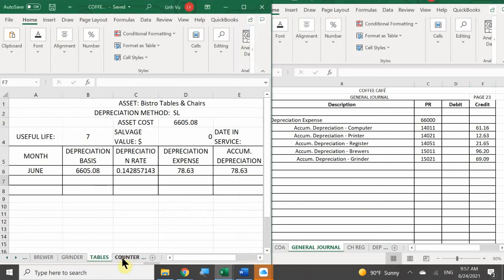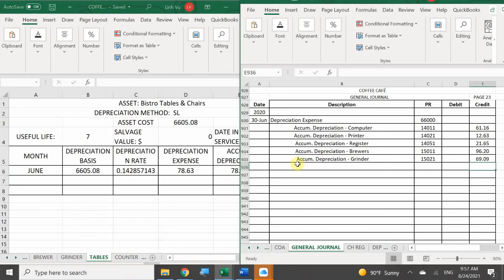See what's next on our list. We got the tables. Accumulated depreciation tables. I don't know if you can copy and paste it and make changes. I don't think you can, but you just change the ending here.